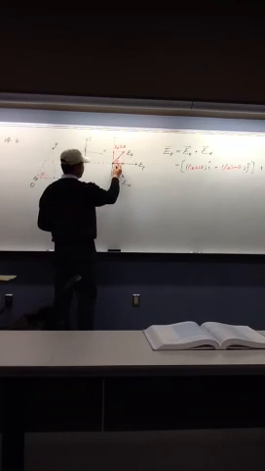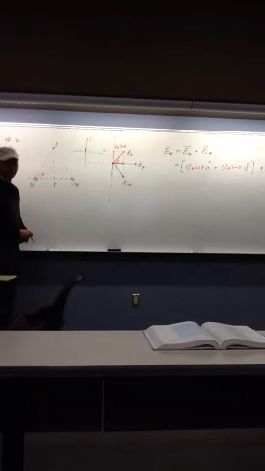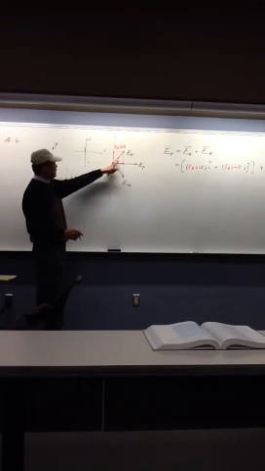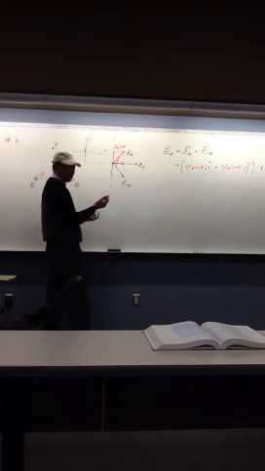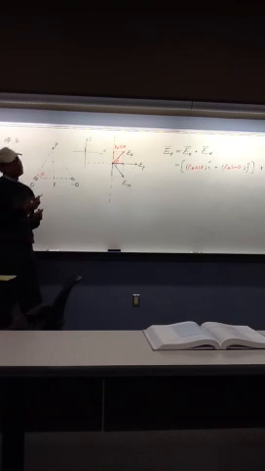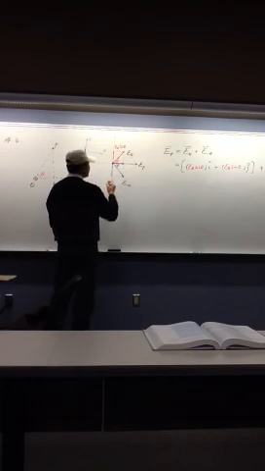And if this is theta, what's this angle? Is it like minus 30? No, we do not know the number. We don't know the angle, we can just say theta. It's like minus something, still theta in magnitude.